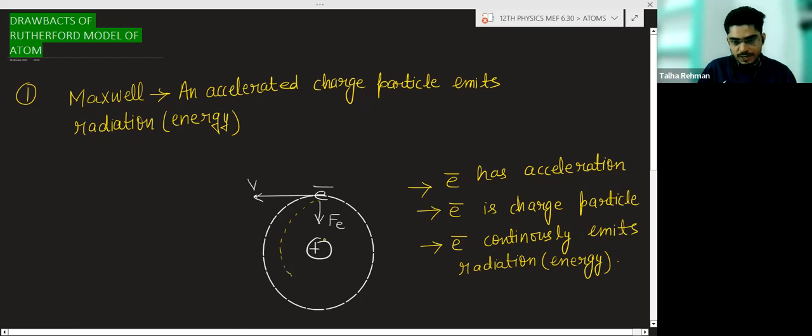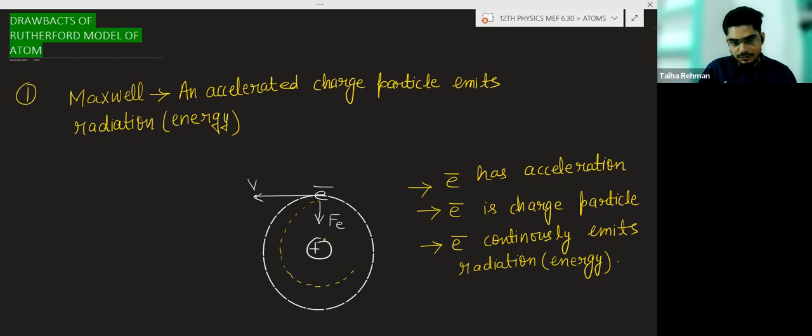The motion of the electron will be like this. Finally, after some time, it will collide with the nucleus.